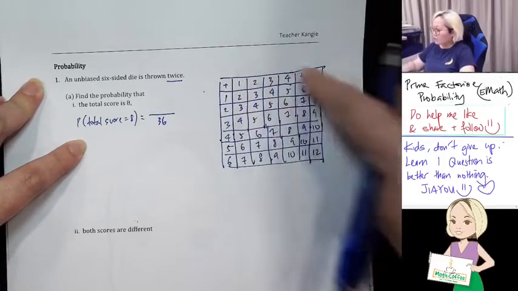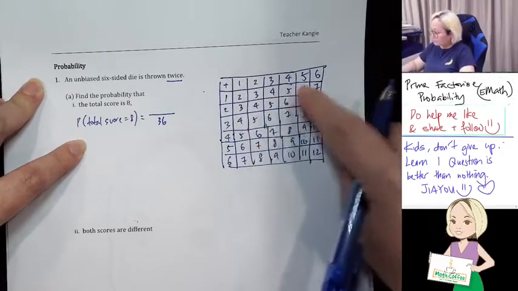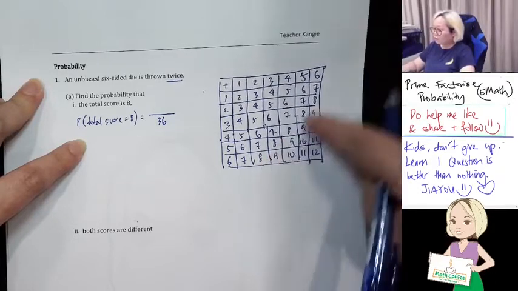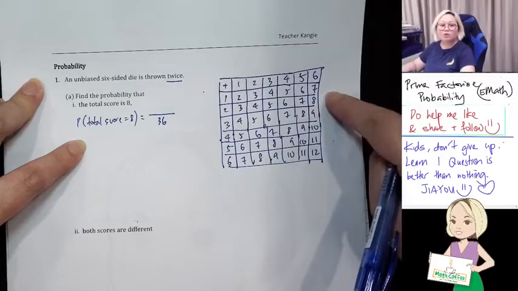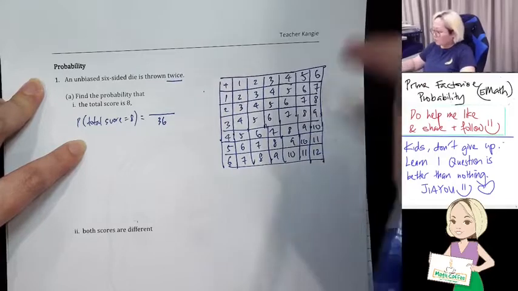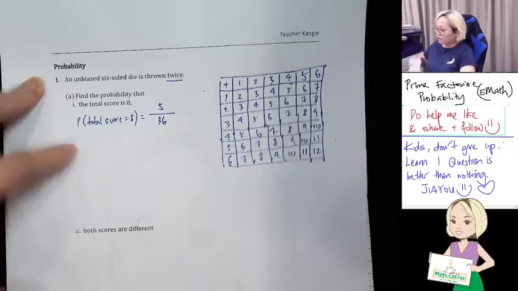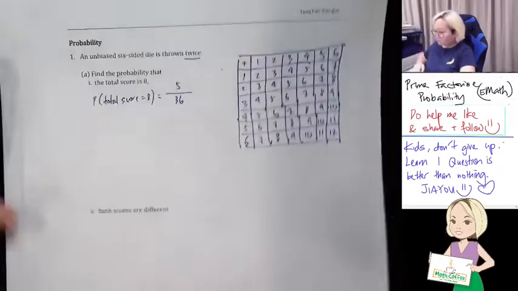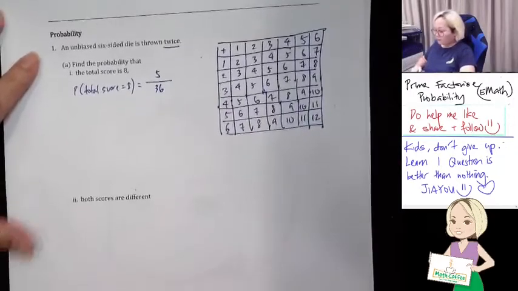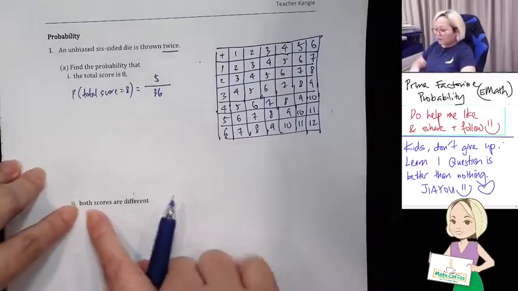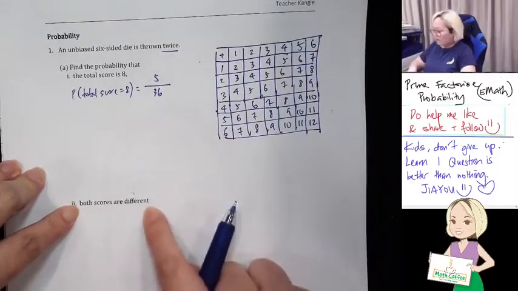So let's see how many 8s we have. 1, 2, 3, 4, 5. So we have 5 possibilities whereby the total score is 8. So you put 5 at the top. It's just 5 out of 36. That's all.